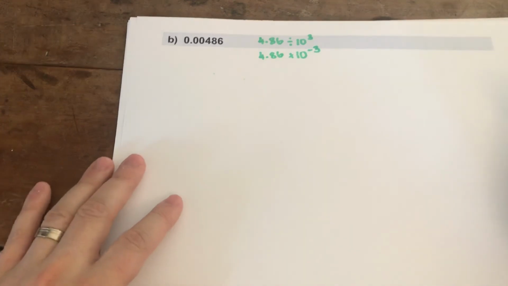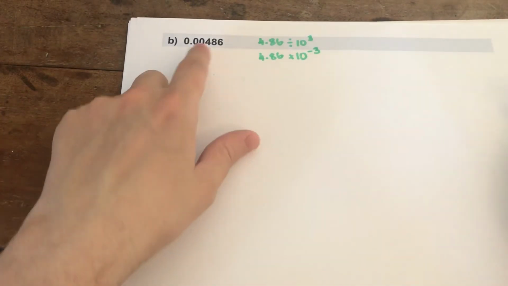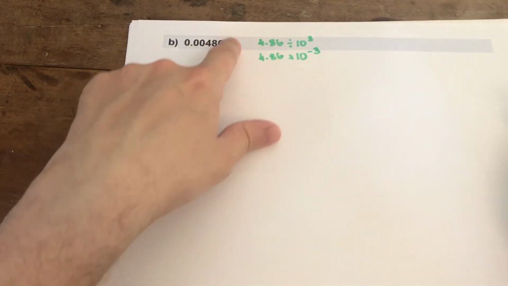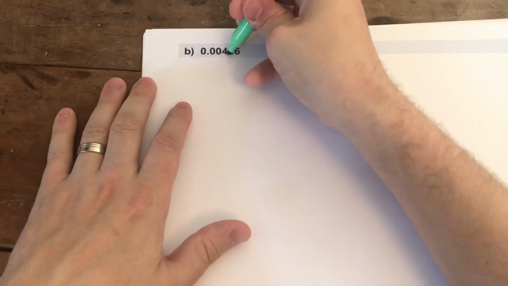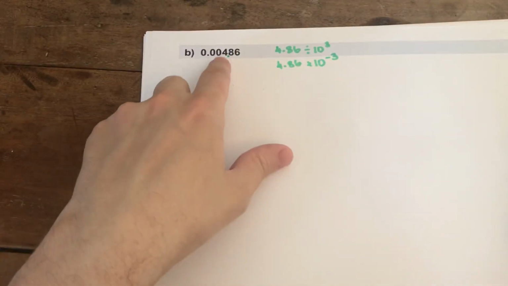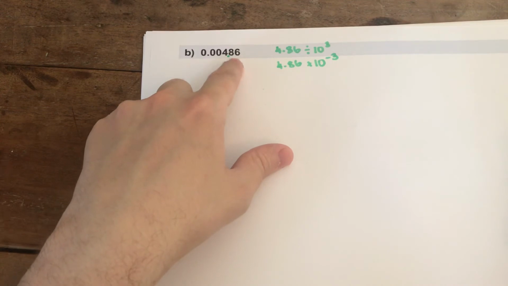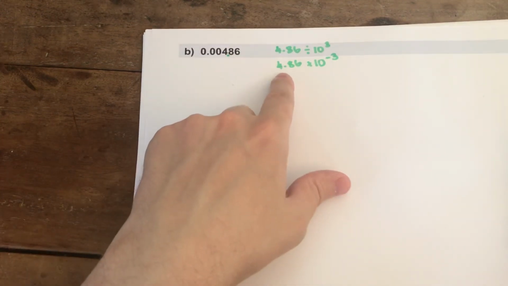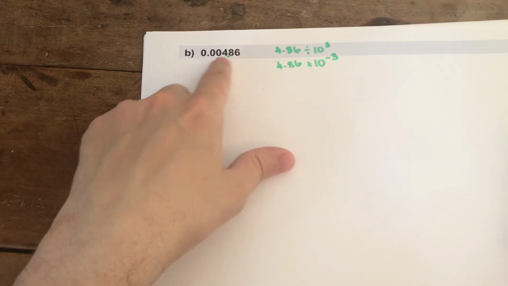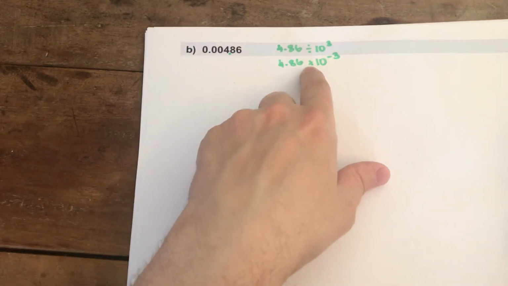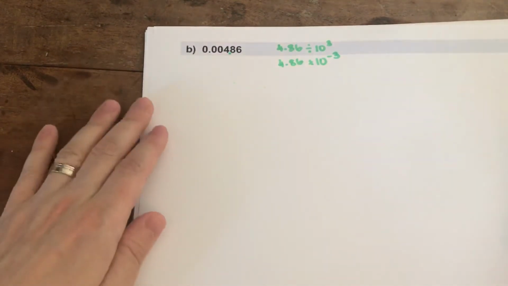That's how I would use this to work out my standard form. Where would I put my decimal point to make sure my number is between 1 and 10? I would put it here, so it was 4.86, and then ask how many times it is being divided to get my answer. That's the same as timesing by the negative power.